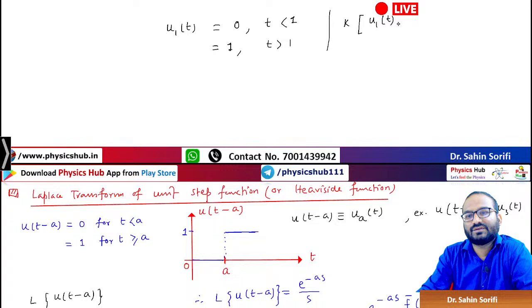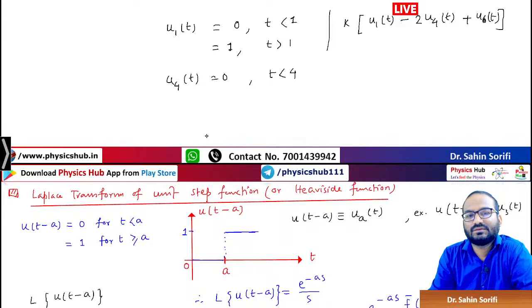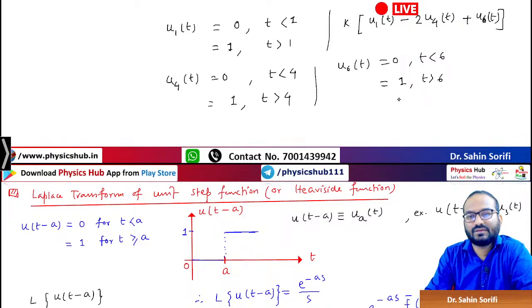u1 of t minus 2 times u4 of t plus u6 of t. So for u4 of t, it is 0 till t less than 4 and it is 1 for t greater than 4, and u6 of t, it is 0 till t equals to 6 and it is 1 for t greater than 6, है ना?